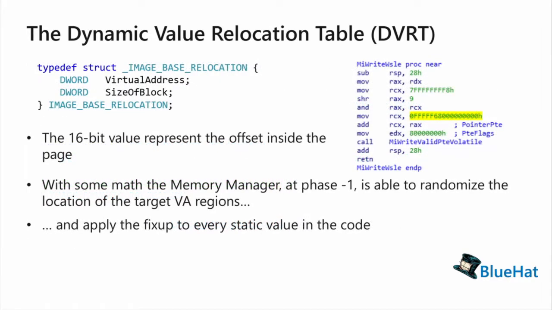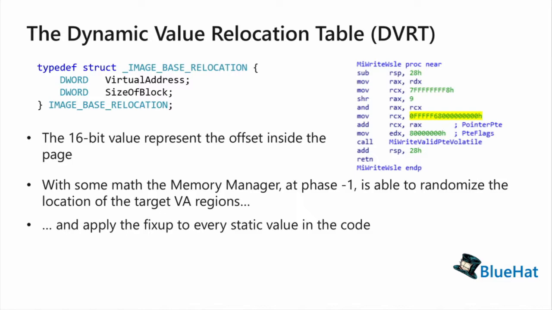So what happens when you switch on your computer and the WinLoader gives execution control to the NT kernel? At memory manager phase -1, the NT kernel is still not initialized and doesn't know anything yet. We are able to randomize the location of the target VA regions, for example the PFN database or the page table.